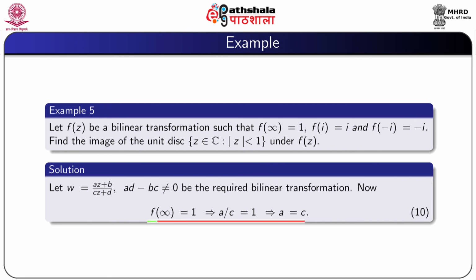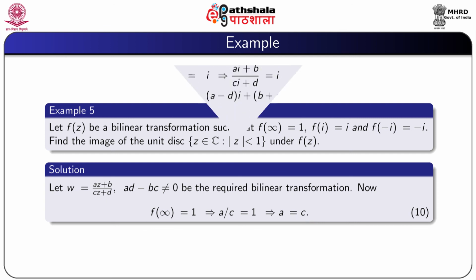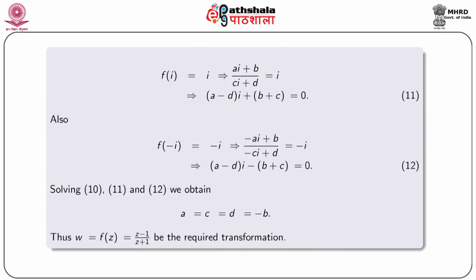Now, f of infinity equal to 1 implies a by c equal to 1, that is a equal to c. f of i equal to i means (ai plus b) by (ci plus d) equal to i, that is (a minus d) into i plus b plus c equal to 0.